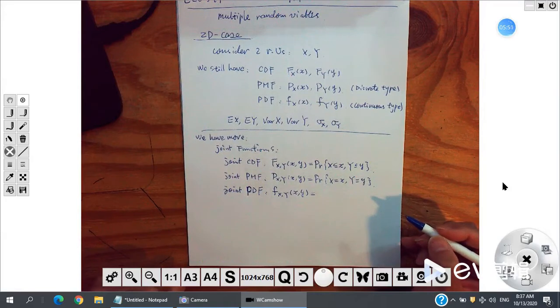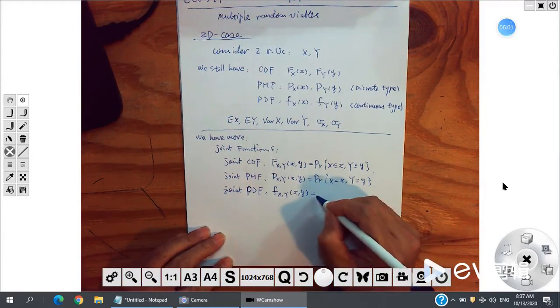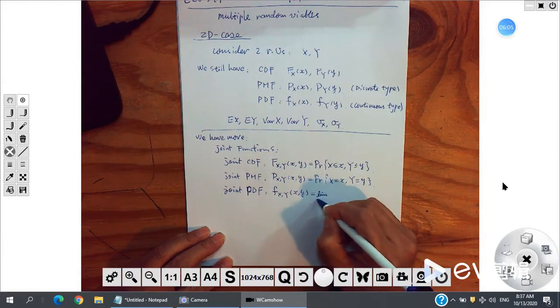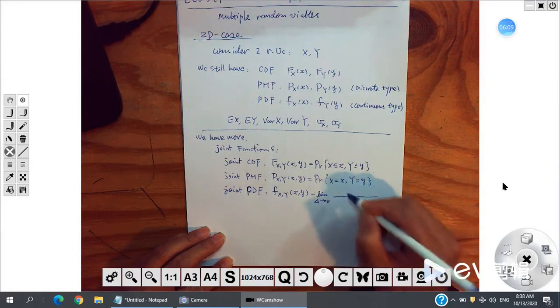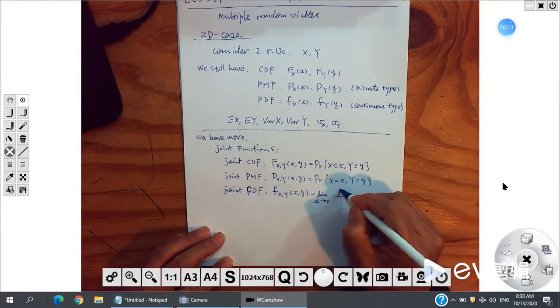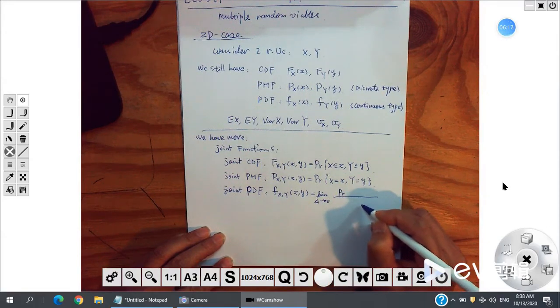You can think of it as, in each unit area, how much weight is on it. This is a similar thing, so of course we need to consider a limit, as delta tends to 0, and here is a fraction. The numerator is a probability, so this is density of probability, and the denominator will be an area.